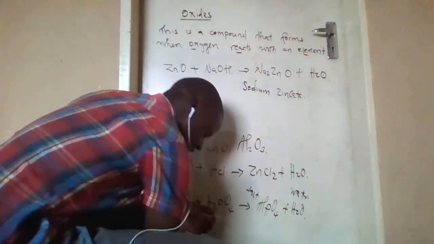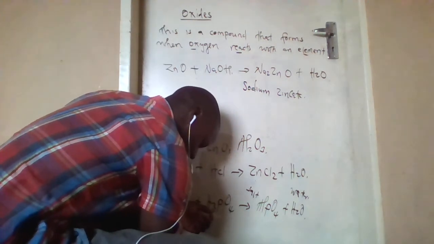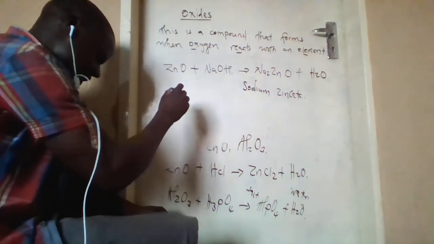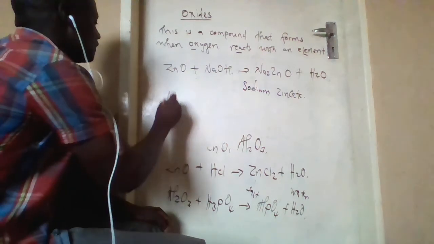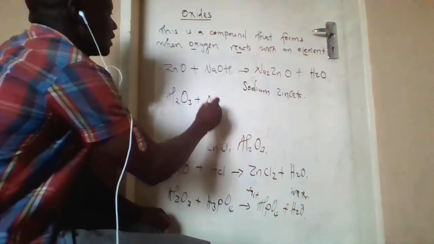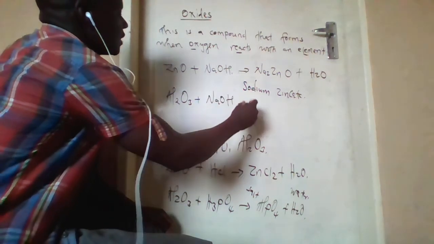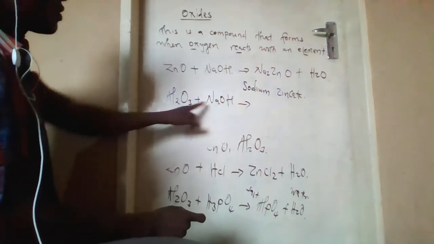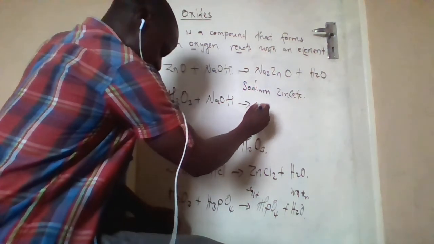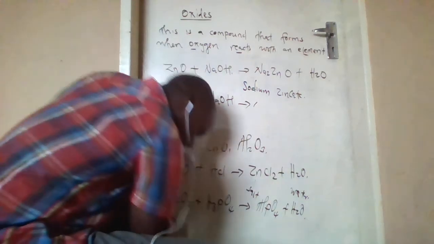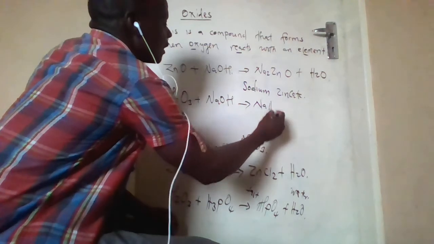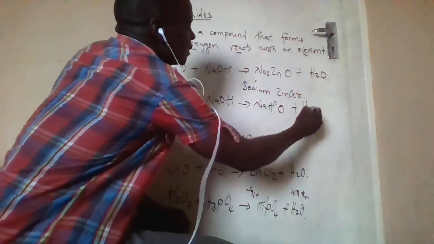We can also look at another one, aluminate. You can have aluminium oxide, an amphoteric oxide, plus sodium hydroxide, and when these react, you're going to have aluminium combining with the sodium and oxygen, NaAlO2, plus H2O.